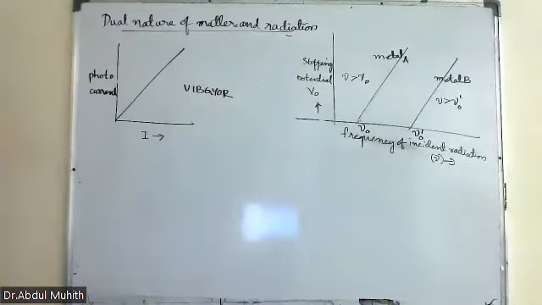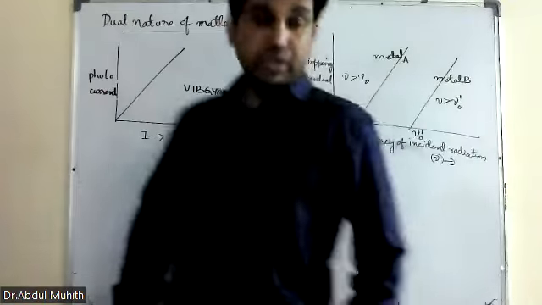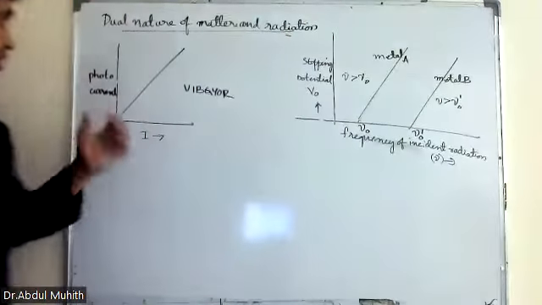So as the intensity of light increases, the photocurrent also increases.